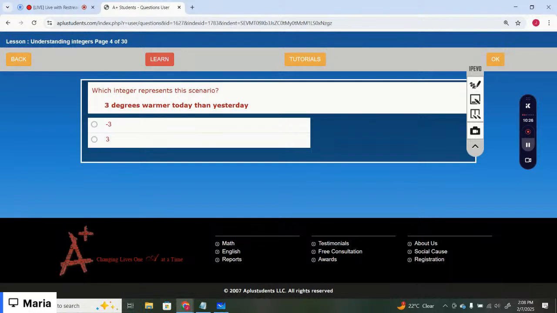Three degrees warmer today than yesterday. So that is an increase in temperature, so it would be represented by the positive number.